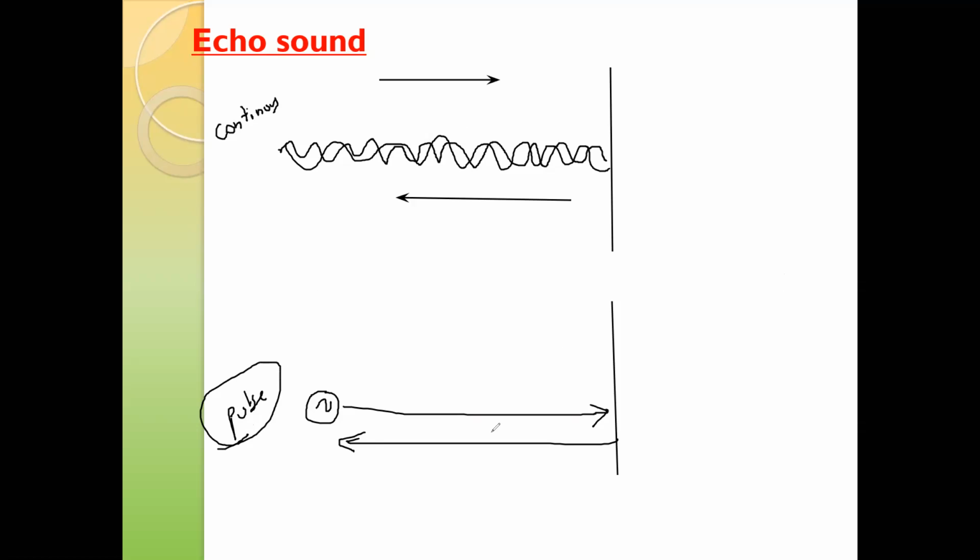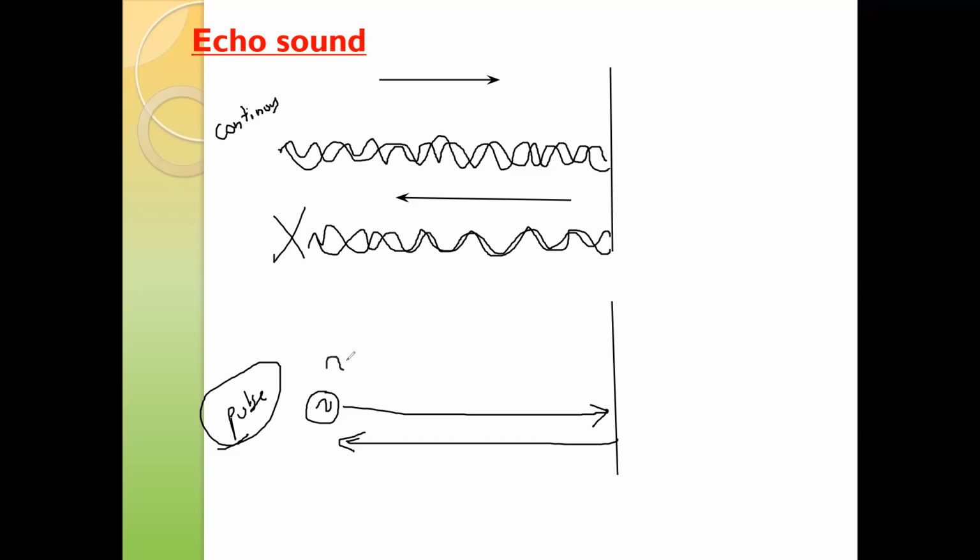Why not a continuous wave? Because when you are producing a continuous wave, the sound is traveling and the sound is coming back. So you're producing a sound and receiving a sound, and it will be difficult to distinguish between the sound which is produced and the sound which you are receiving. That's why we do not use a continuous wave, we use a pulse.